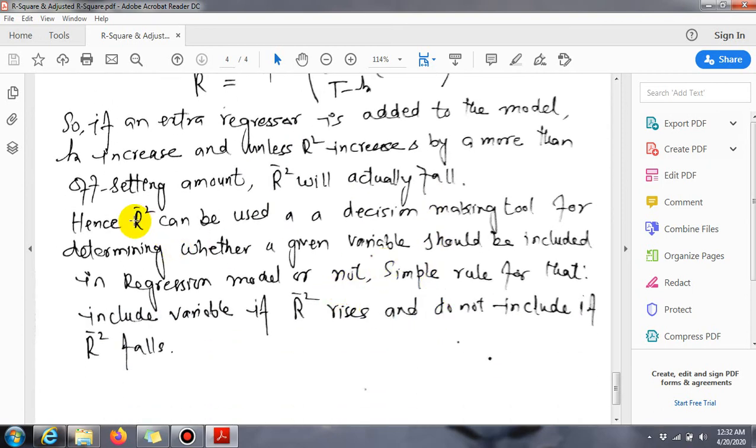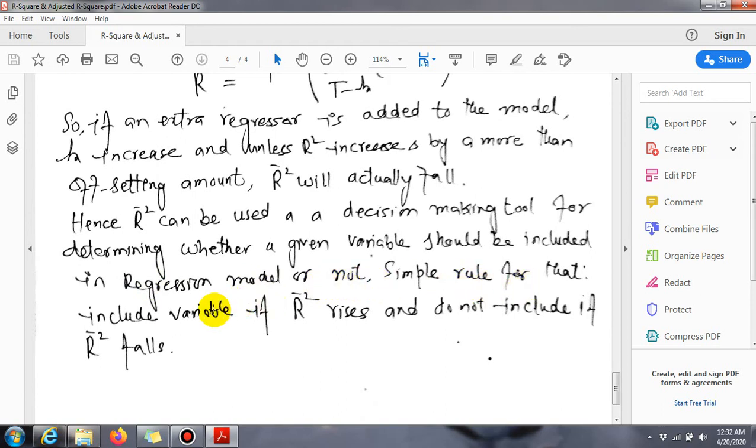Okay, hence adjusted R square can be used as a decision making tool for determining whether a given variable should be included in the regression model or not.